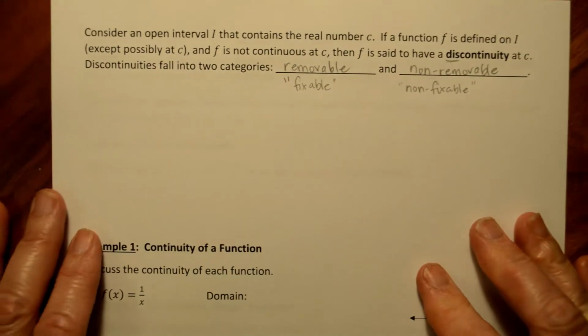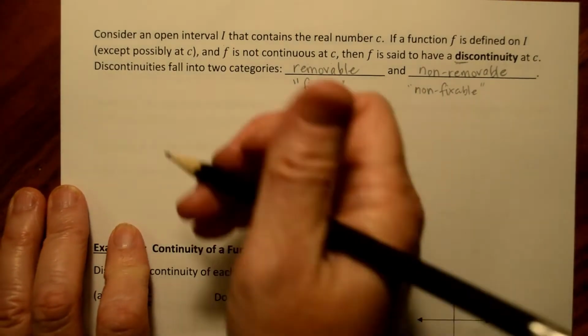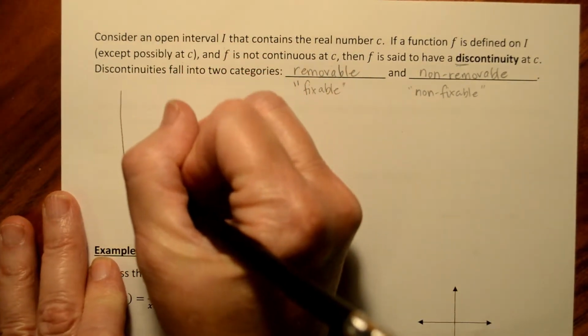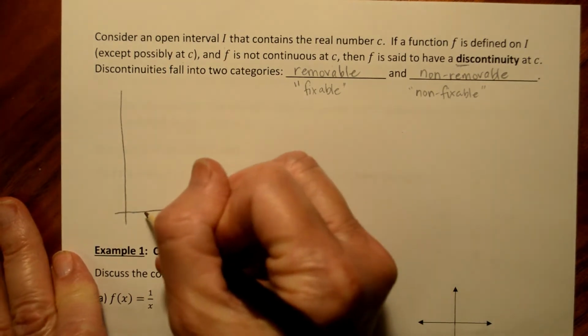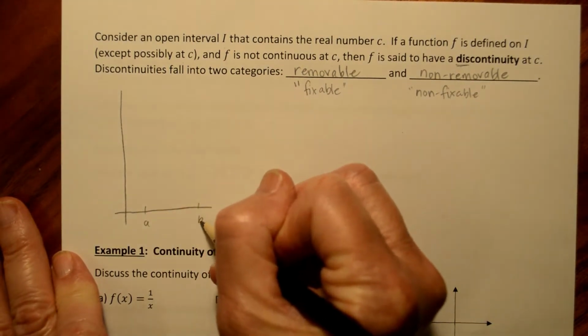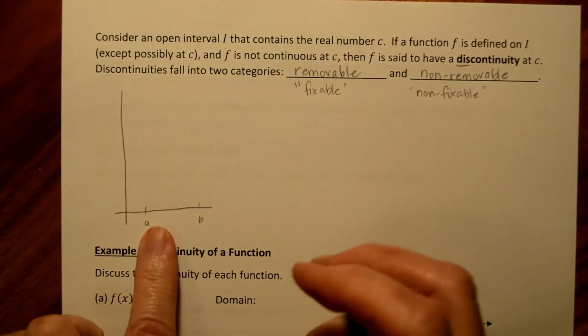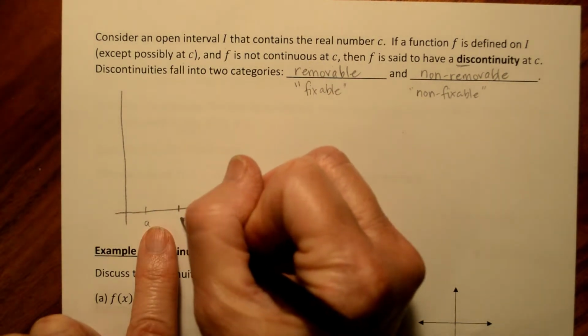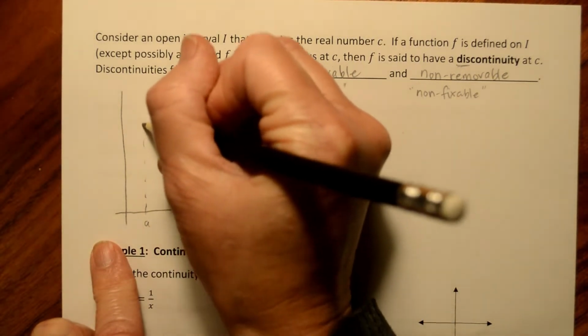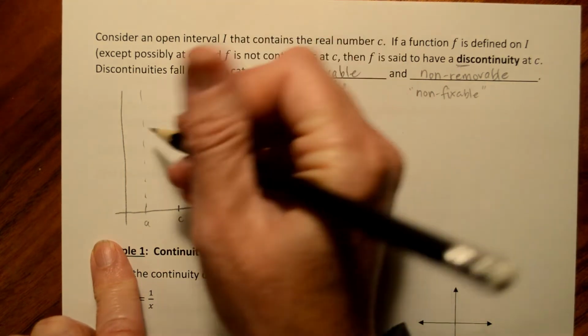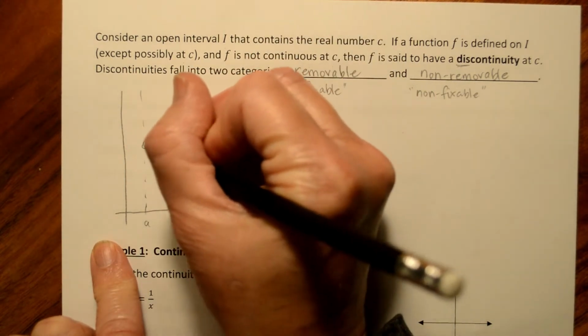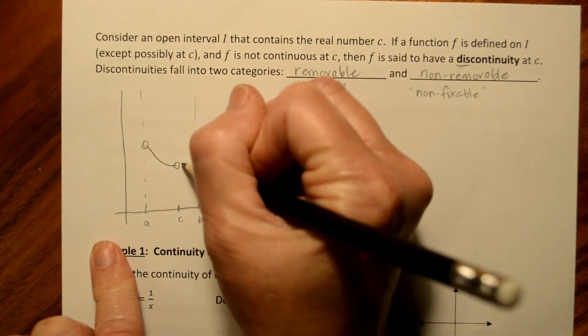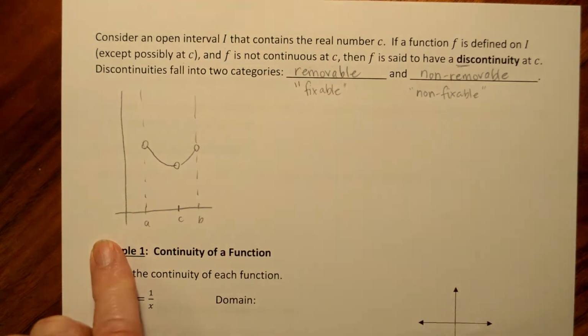All right. So I'm just going to redraw the 3 graphs that we had on the other page, or roughly. All right, so that first one we had A and B. This would be our interval I right here, so in some interval around the point C. And again, it looks something like this, where it had a hole at C. All right.